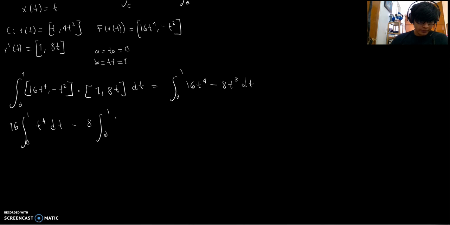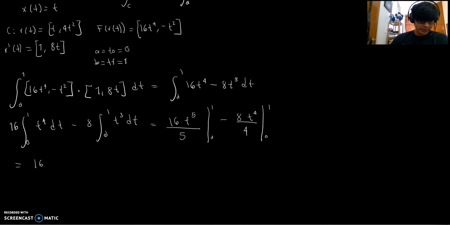The integral from 0 to 1 of 16t cubed dt, which will be equal to 16t to the 5th over 5 evaluated from 0 to 1, minus 8t to the 4th over 4 evaluated from 0 to 1.